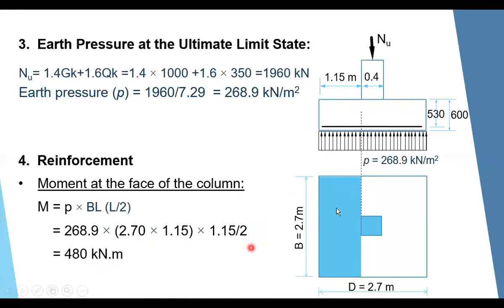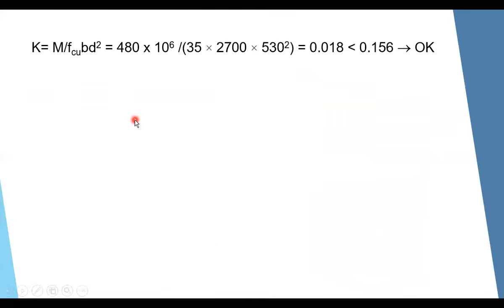So we can use this moment to get all the reinforcement in the horizontal direction here. So let's get the reinforcement. We'll use now the British standard equations, or if you are using any other code, you can also use its equations. So K equals M over fcu b d square. M is 480.